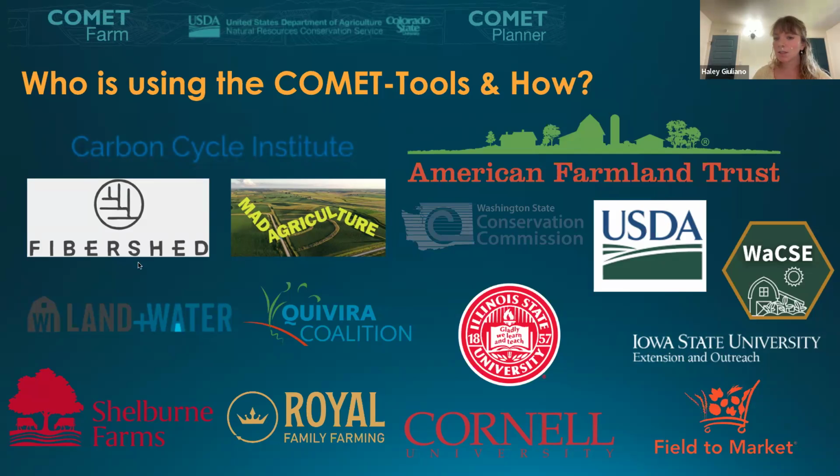We have also published the COMET-Planner data set for public consumption, so various other tools, such as the Washington State Climate Smart Estimator, the Iowa State Carbon Farming Decision Support Tool, and Field to Market, are using that data as well. There are other consulting agencies not listed here, who we are not at liberty to name. Maybe one day they'll share it, who are also using the tool.